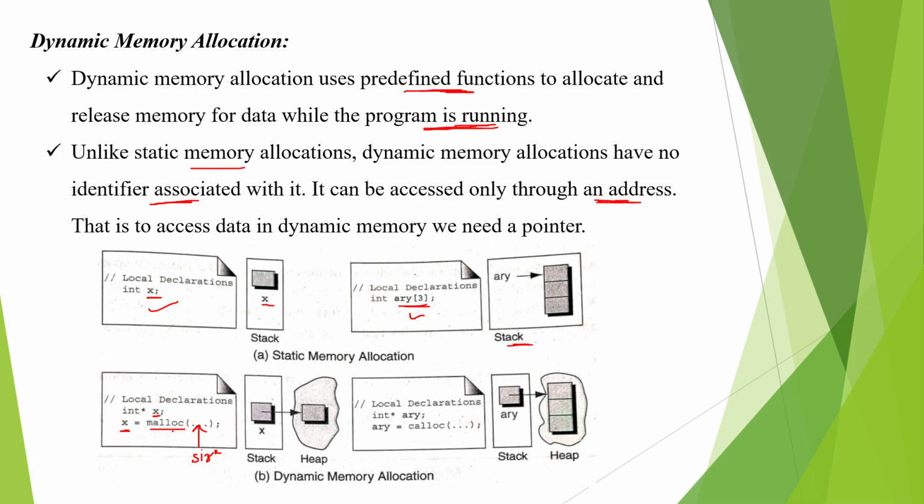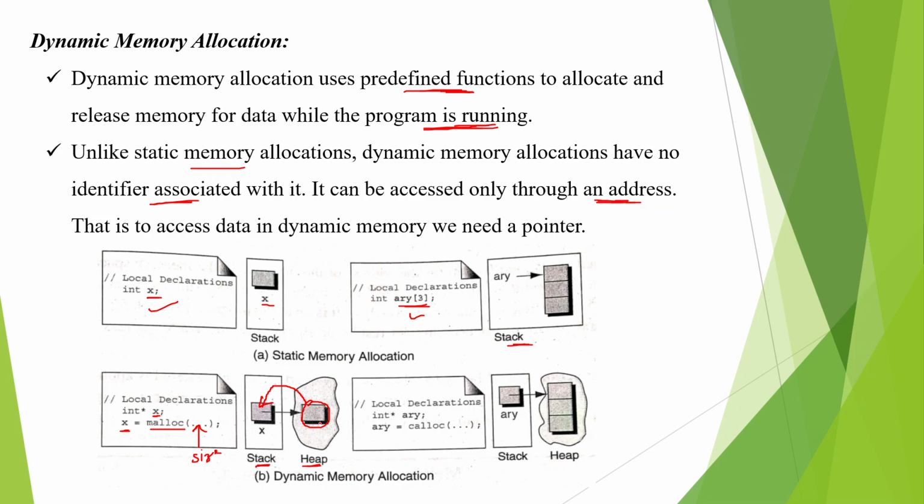It will take that many bytes from the heap and assign a pointer to it, that is, it stores the address of the first byte of that memory into this X. X will be in the stack and the complete memory will be in the heap. Whatever number of bytes you need, those bytes will be on the heap and only X will be in the stack.